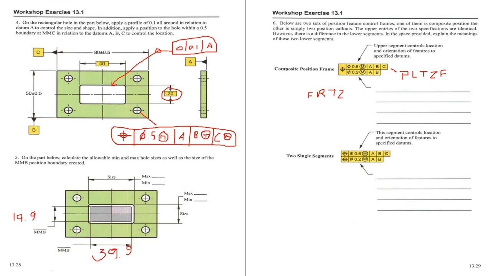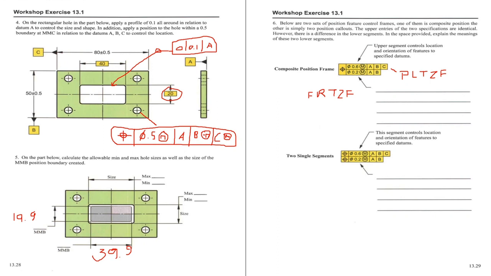So FRTZF for the lower segment, and the lower segment controls the rotation and the features of the part. If we don't have any datum features with the lower segment, then it can rotate, it can tilt and shift. So the lower segment is for position, we can say, and the upper segment is for location, and the rotation and orientations we can use for the upper segment.